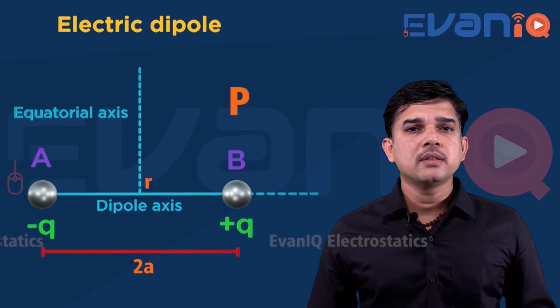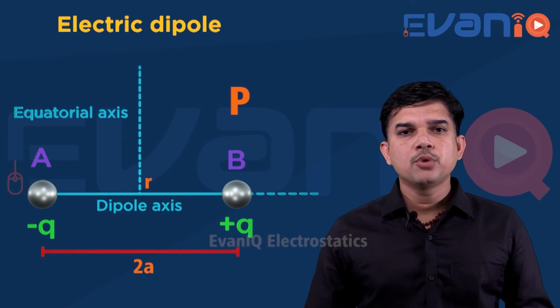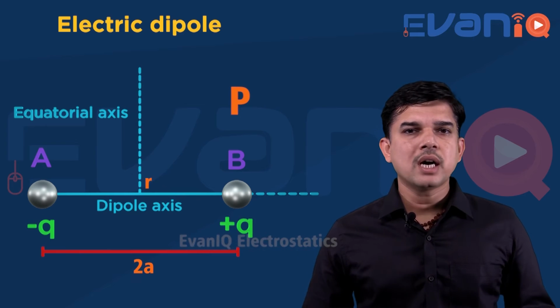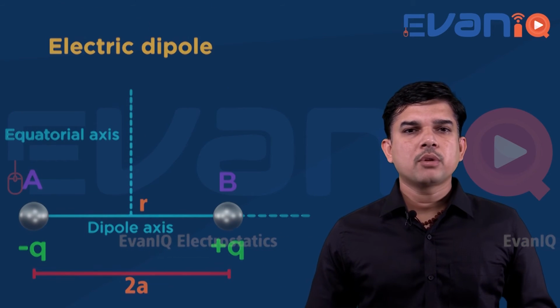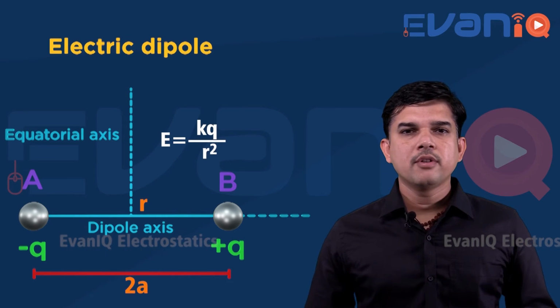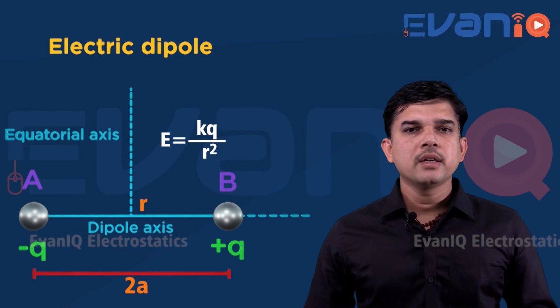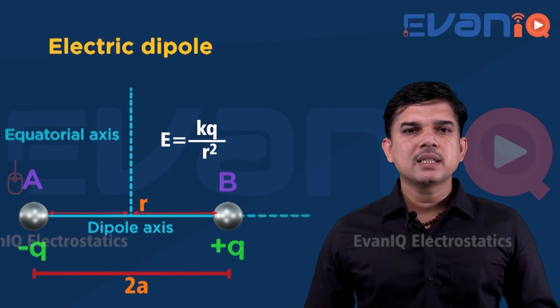In this derivation, we will calculate individually the electric field due to plus Q charge and minus Q charge, then we will add them. First we calculate for the plus Q charge, equal to KQ by r square, where r is the distance of the point from the plus Q charge. Then the distance will be r minus a.